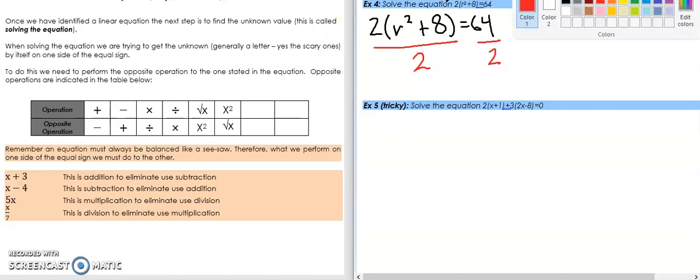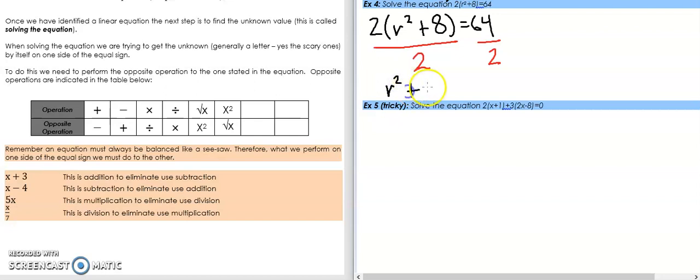This will then yield r squared plus 8 is equal to 64. Not 64, sorry. We've just divided it by 2. It's 64 divided by 2, so it's 32. Apologies. Okay, next step. The opposite of plus 8 is minus 8.